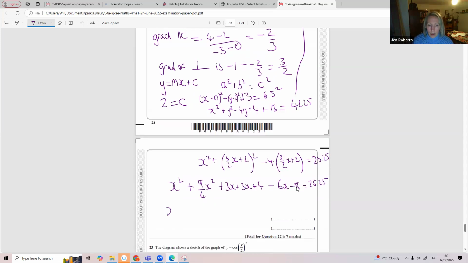Which gives you x squared add 9/4x squared. The 3x and 3x and the 6x will cancel. 4 take away 8 would be minus 4, but I'm going to add it to the other side, 29.25. Add these together, 9 over 4x plus 1x gives 13 over 4x squared.